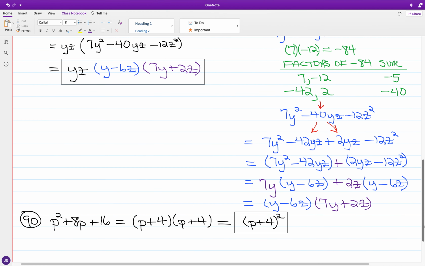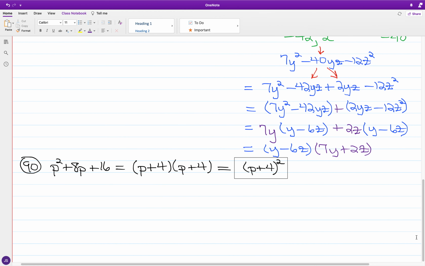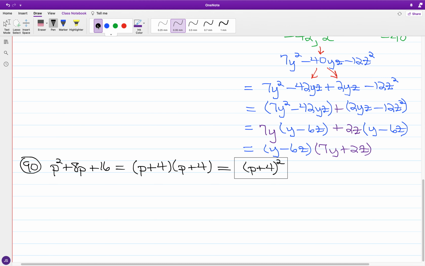Right. Now, for the next item, and this will be a combination of elements from number 87 and number 90. We're going to have grouping involved, and also this problem is going to involve a square trinomial, where we have different degrees here, and where we have more than one letter to work with.